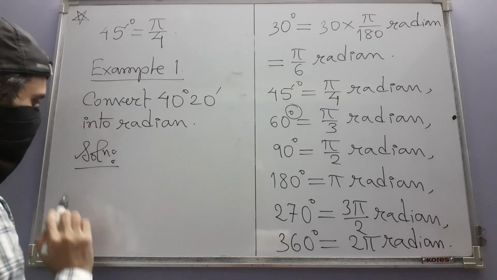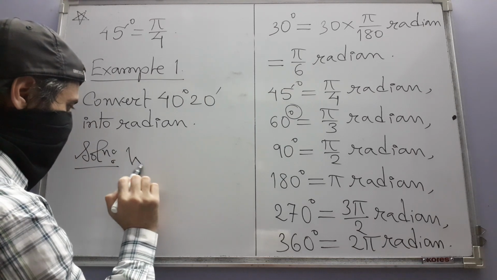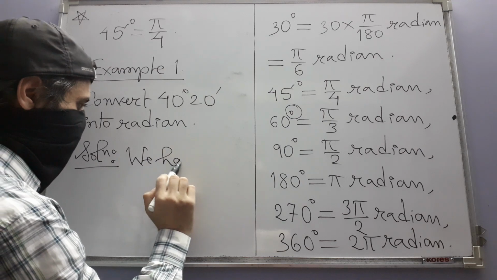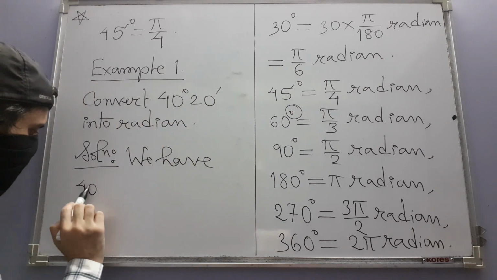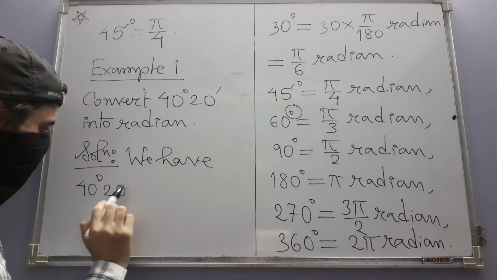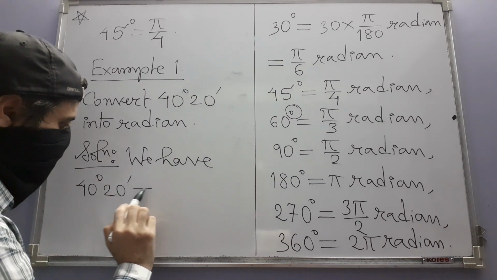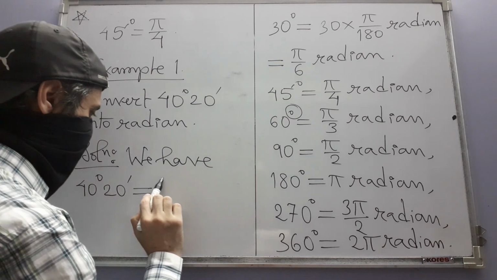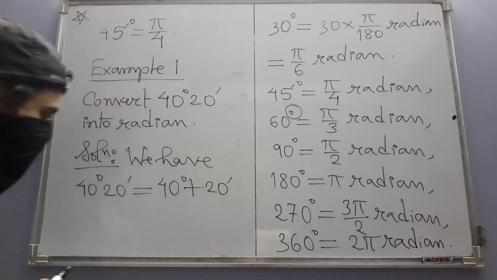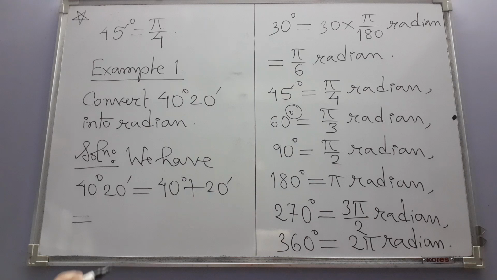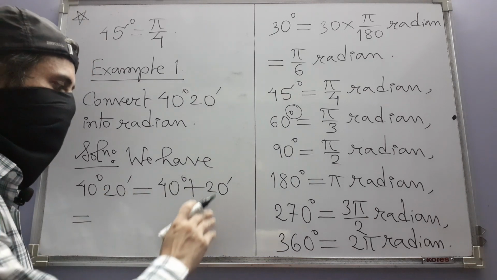So the solution is going to go like this. We have 40 degree 20 minutes. This actually really is 40 degree plus 20 minutes. To turn minute into degree, what will you do?